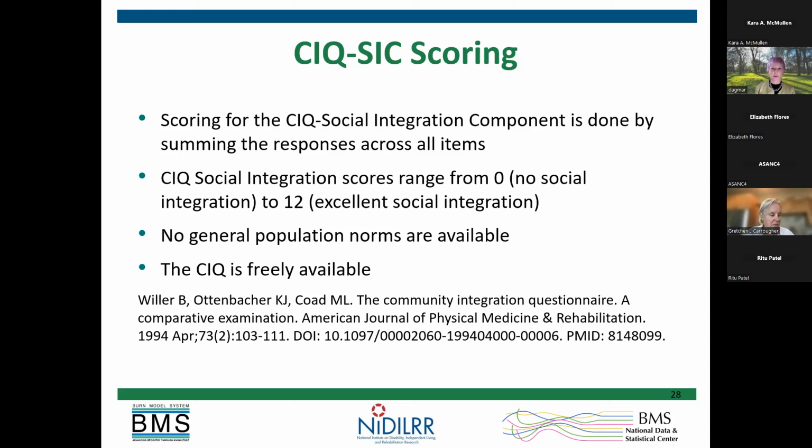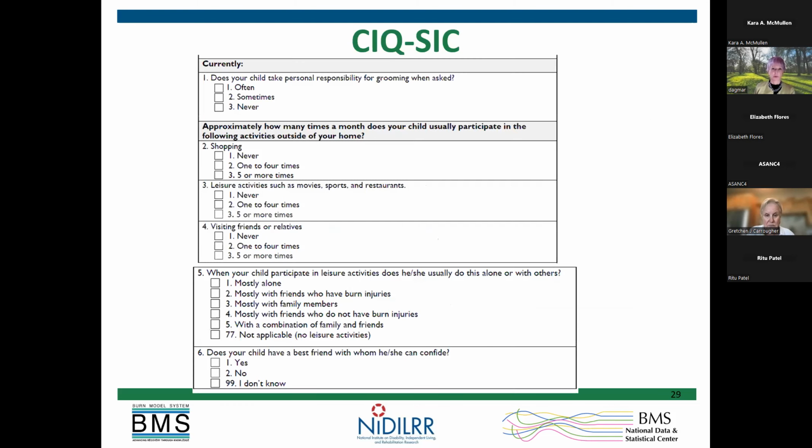Unfortunately, no general population norms are available, but because a lot of studies use this questionnaire, it may be possible for you to look up the mean from previous studies of a population. That would be a good comparison to people with burns or other studies you're conducting. Again, it's freely available, and here is the reference if you need to look up more information.